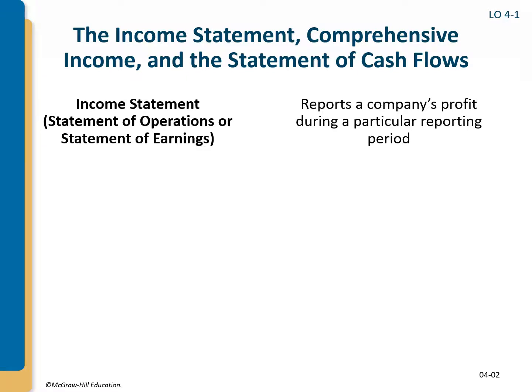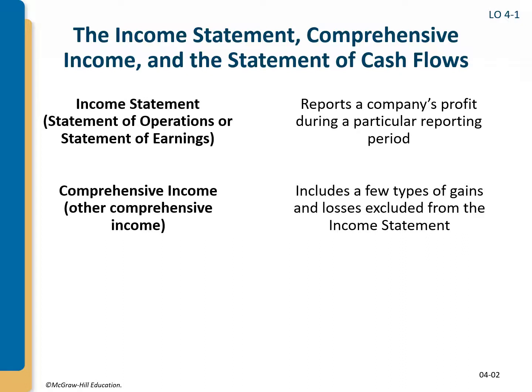So, the income statement, remember, reports a company's profit or loss during a period of time. Comprehensive income goes to the next step of income. The income statement only reports revenues, expenses, gains, and losses that have actually occurred. There are other components of gain and loss or equity changes that are from non-owner sources that are not on your income statement.